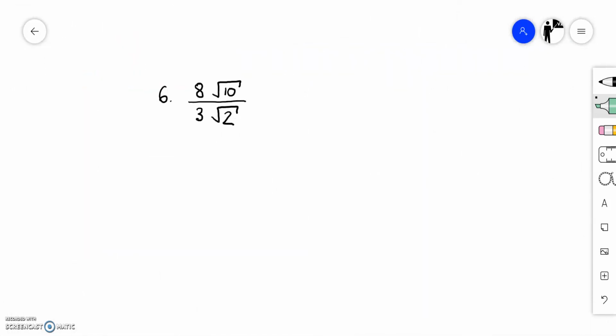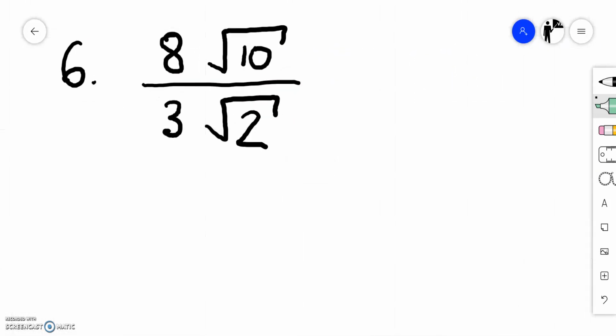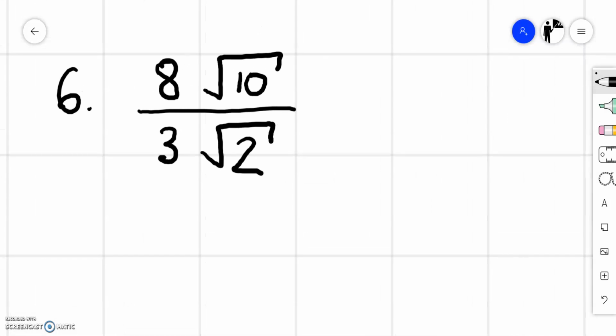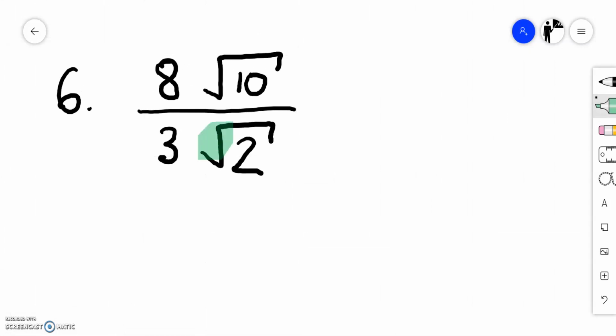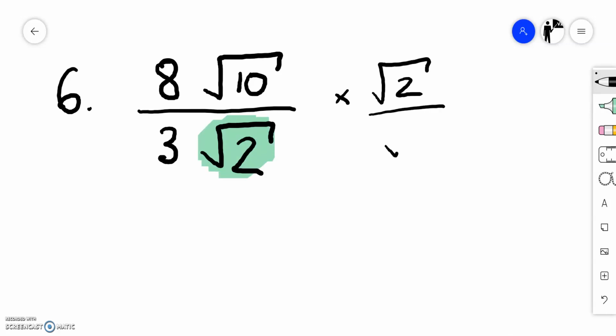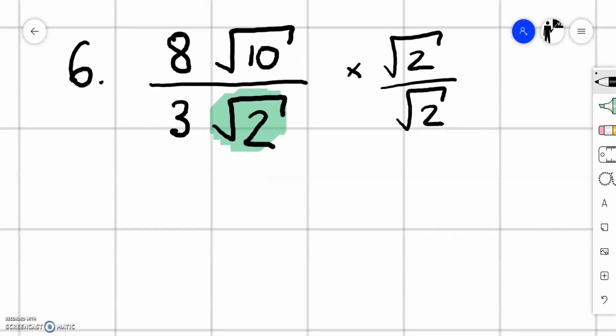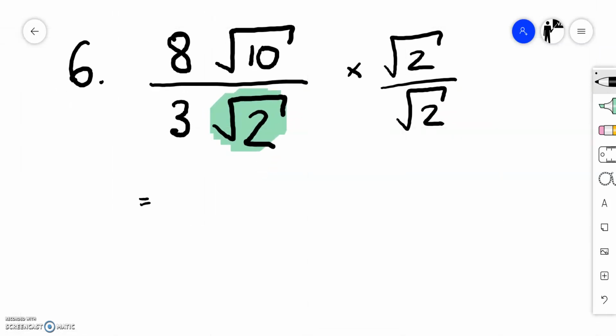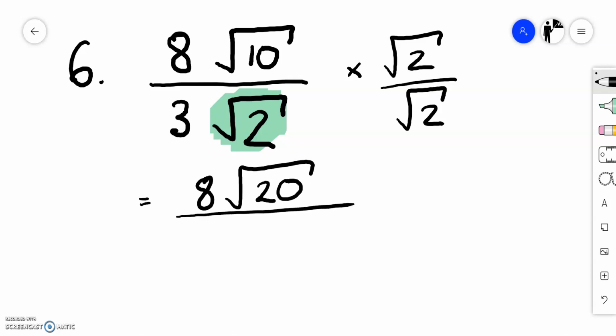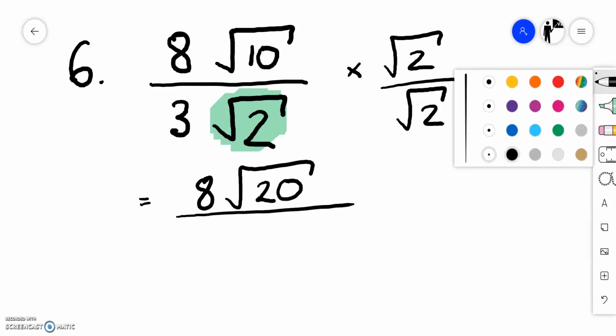Final example. 8 root 10 over 3 root 2. I don't want to have this surd on the denominator. I'm going to need to multiply numerator and denominator by root 2. That will give us 8 root 20 over, what have we got?